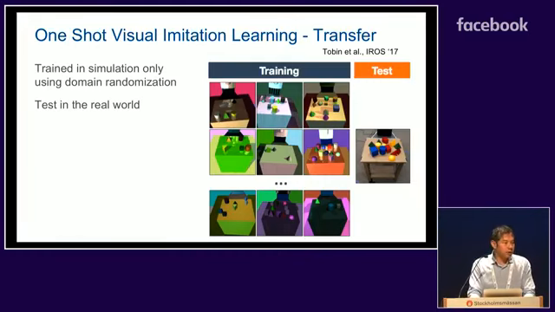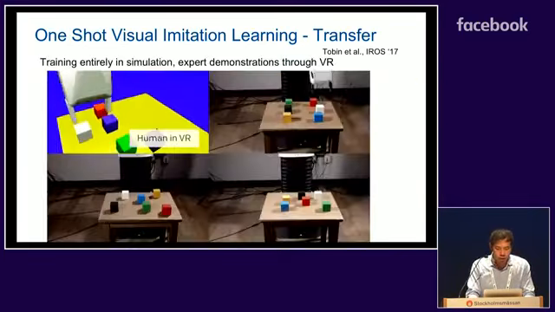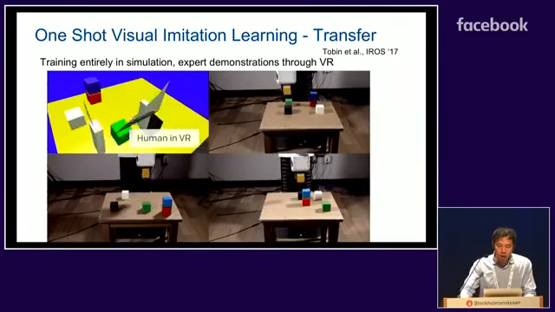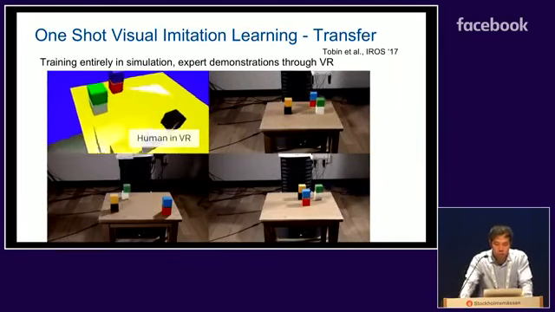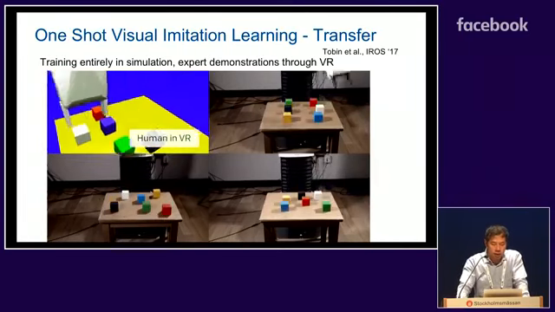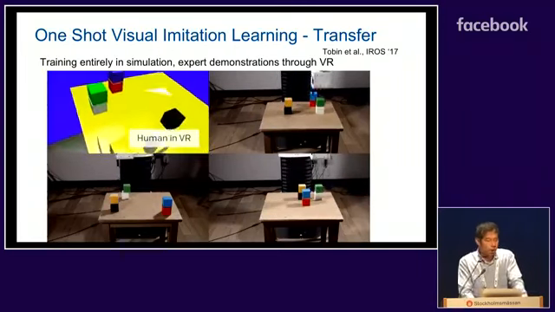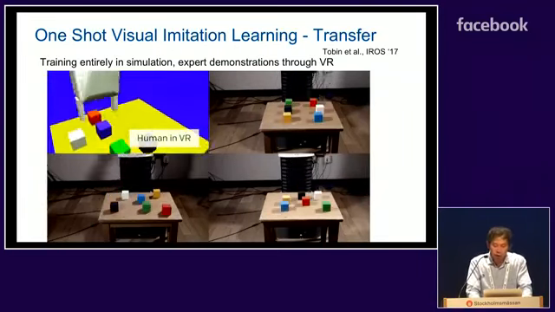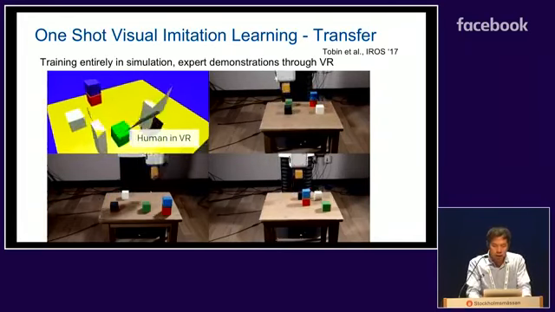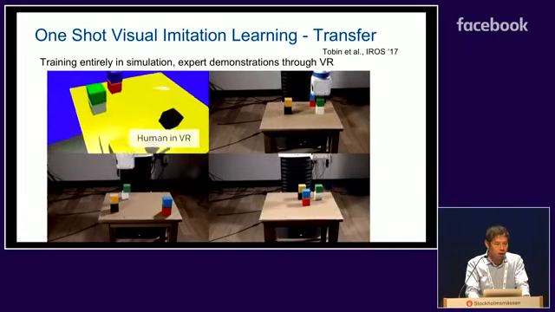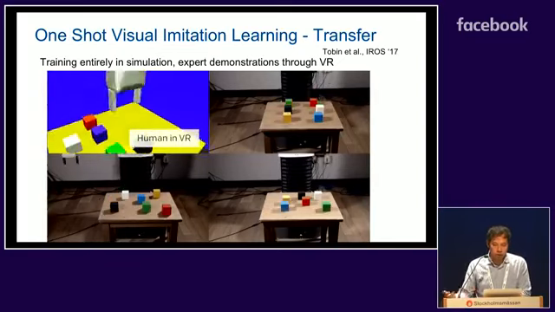To handle this sim to real transfer, they train using domain randomization with different lighting conditions and different surface textures, etc. And the result is something like this, where the network maps visual images to actions end to end. And the human can also give demonstrations simply in virtual reality, like in the upper left-hand corner, instead of previously having to grab the robotic arms to literally demonstrate the task.